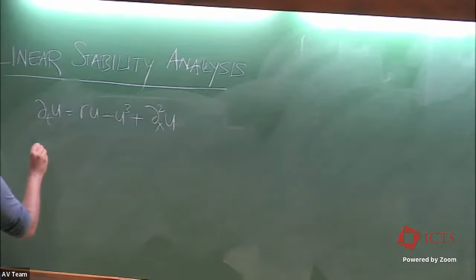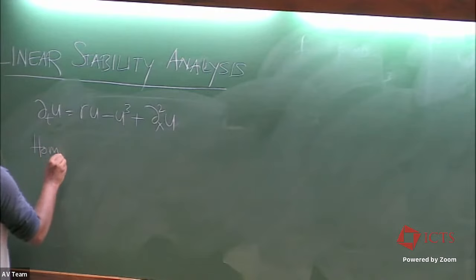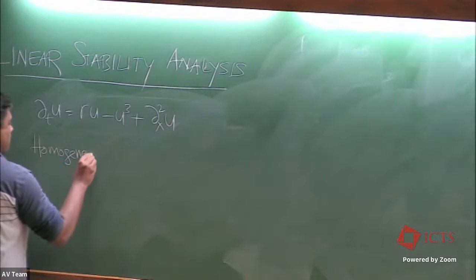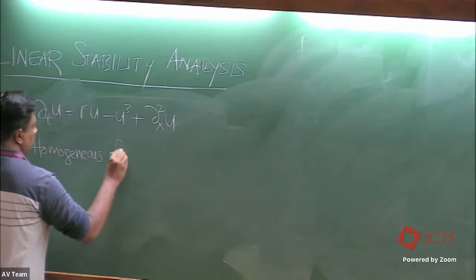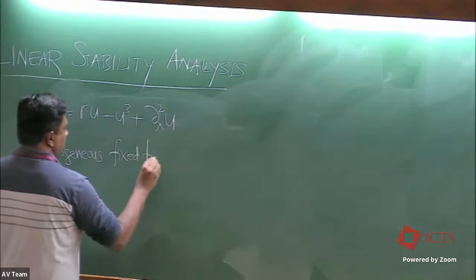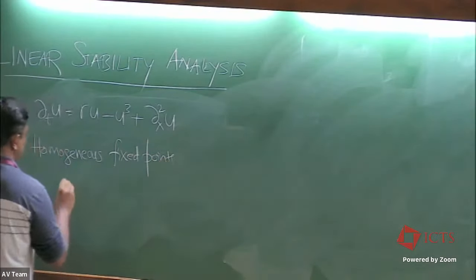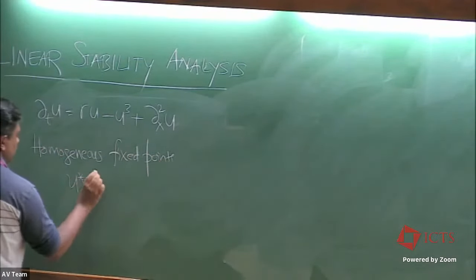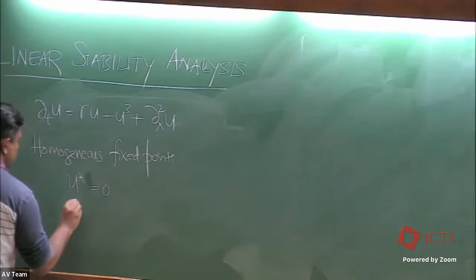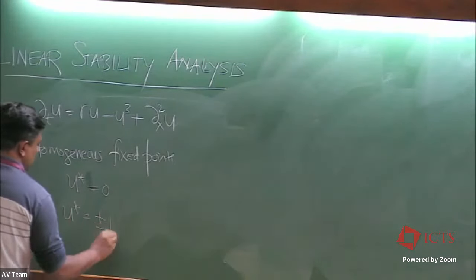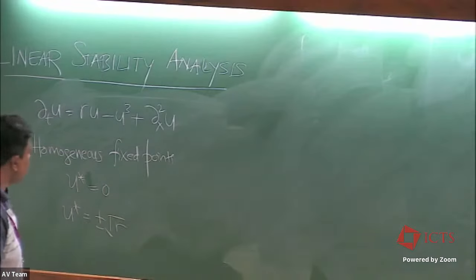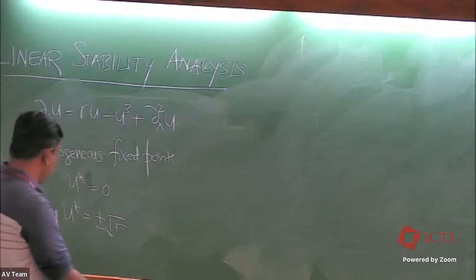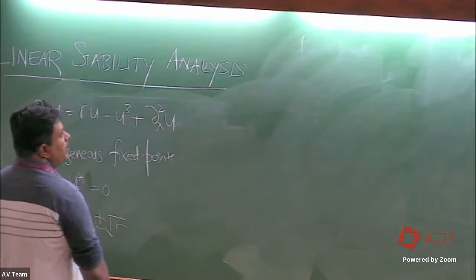So there are homogeneous fixed points: U star equal to 0 and U star equal to plus or minus root r. I would like to find out whether the U star equal to 0 fixed point is stable or unstable for arbitrary perturbations.